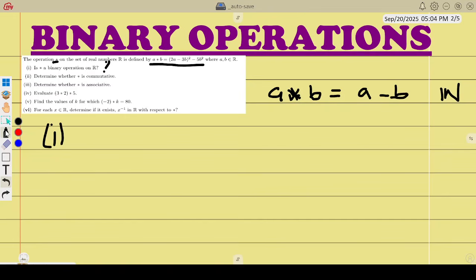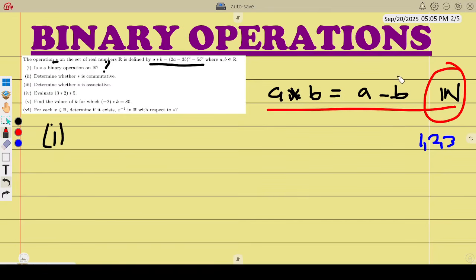Natural numbers are numbers which start from 1, 2, 3 going all the way up. And then the question is, is this operation binary on natural numbers?